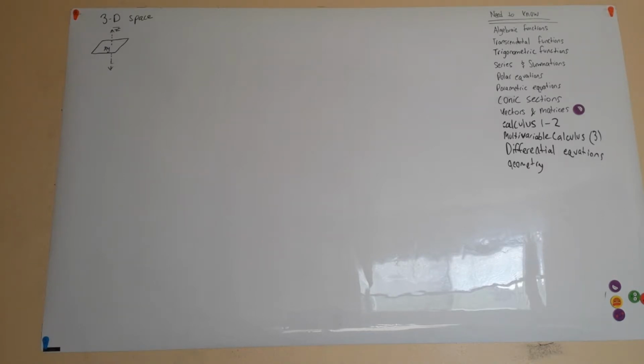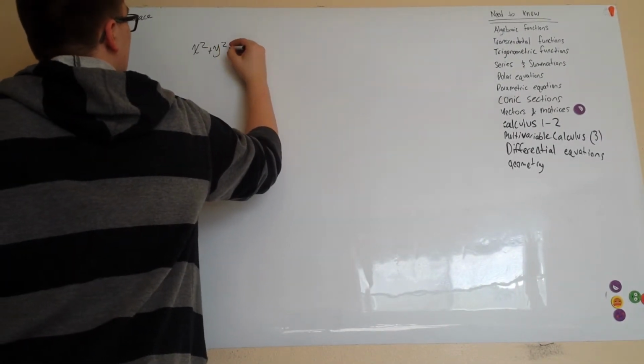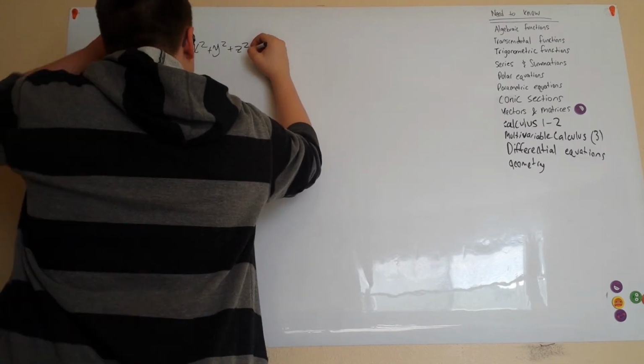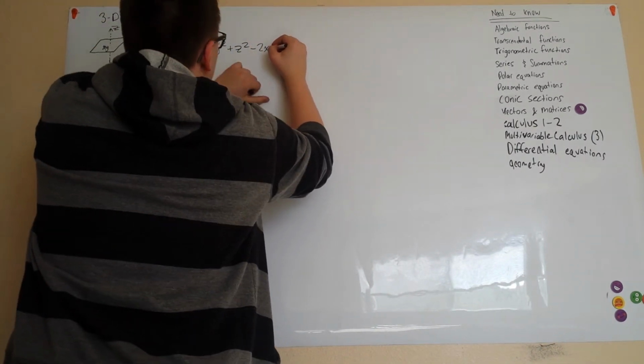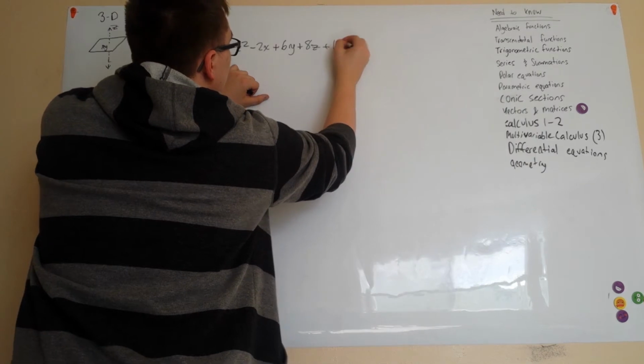Okay, so let's do this. We're given x squared plus y squared plus z squared minus 2x plus 6y plus 8z plus 1 equals 0.